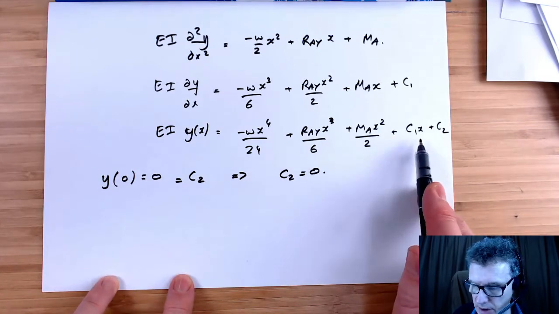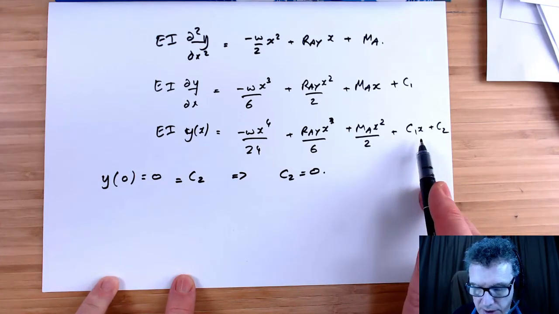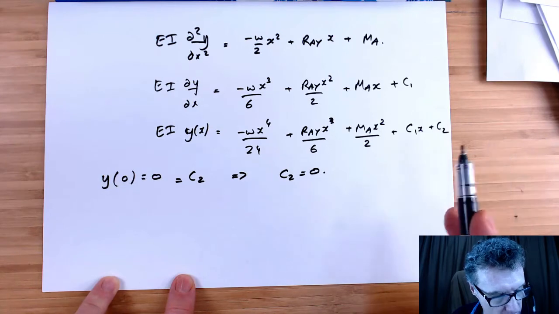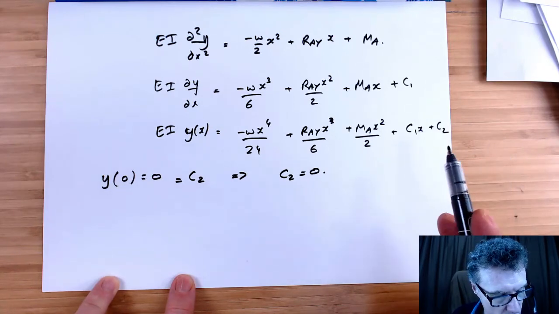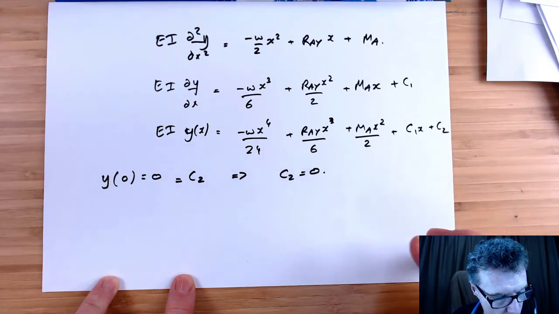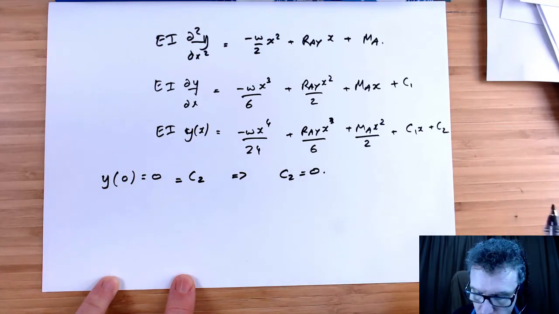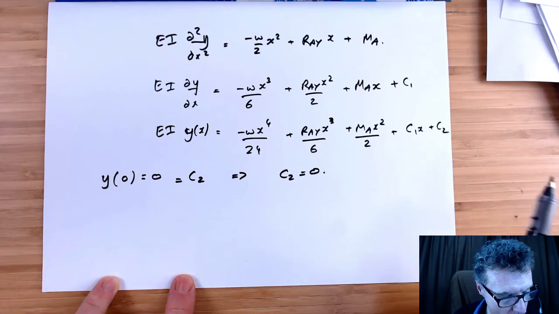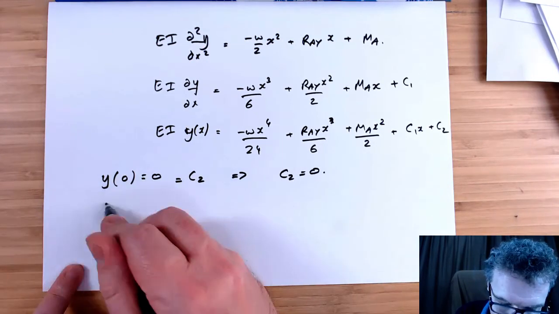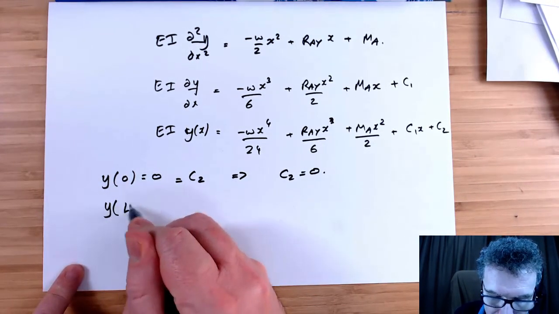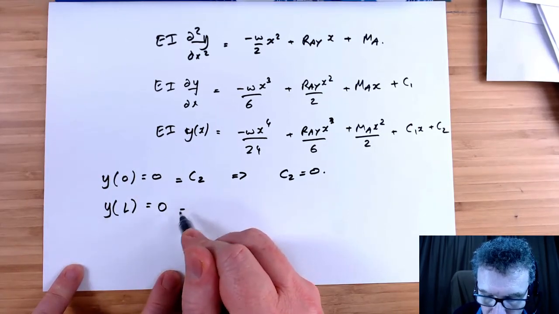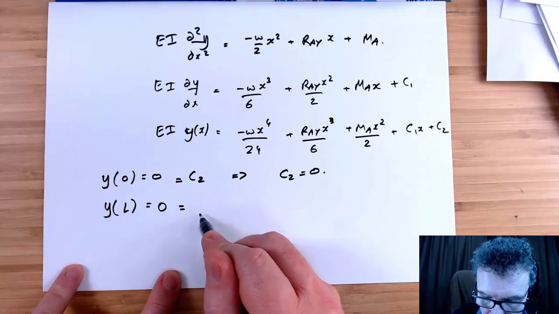Right, next boundary condition is, I guess, y equals 0 when x equals L. What do we get? So x equals L, y equals 0. What does that give me?